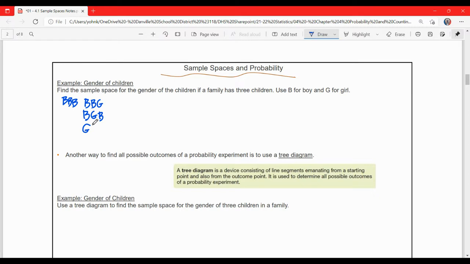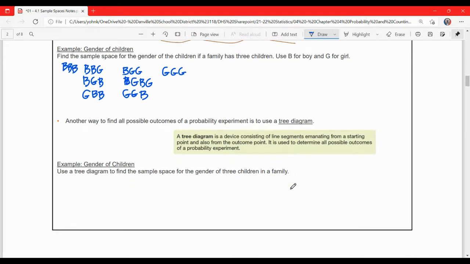You could have a girl, boy, boy. So we got 3 boys, then 2 boys. You could do one boy, so boy, girl, girl, girl, boy, girl, or girl, girl, boy. And then finally, you could have no boys and have all girls. So there is the sample space if you have a family with 3 children.